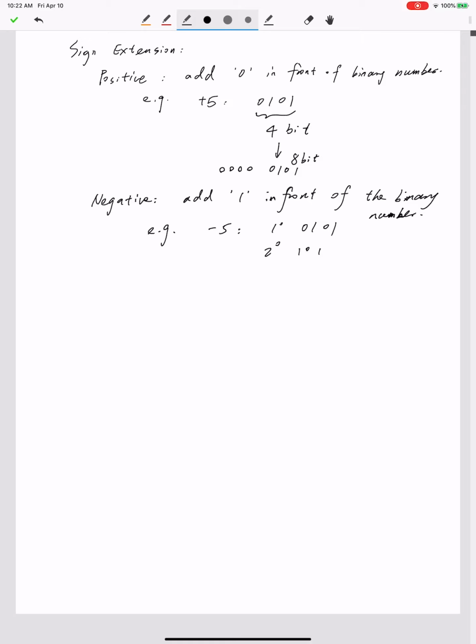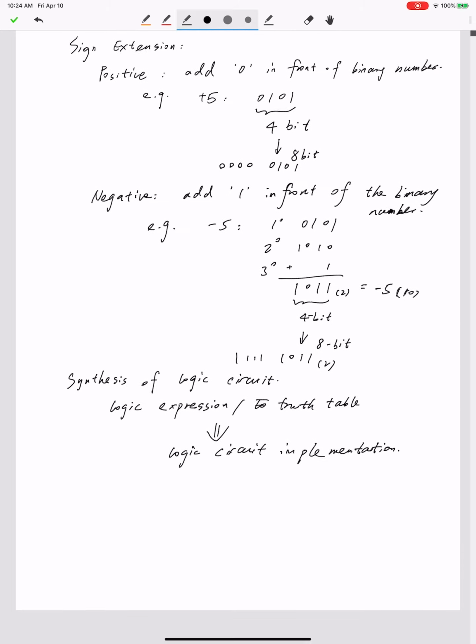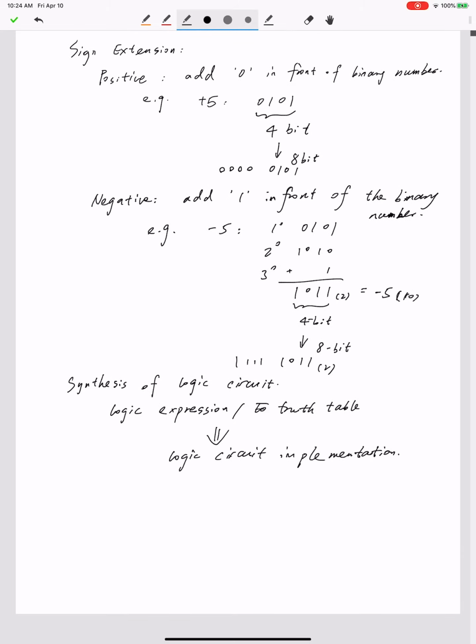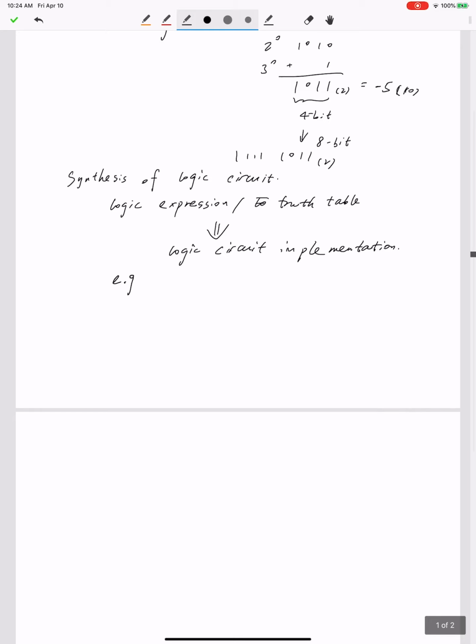In other words, if the question gives you a truth table or logic expression, can you draw the corresponding logic circuit, right? The simplest example would be if the logic expression F equals A times B, then the implementation of this F is just a simple AND gate, right?